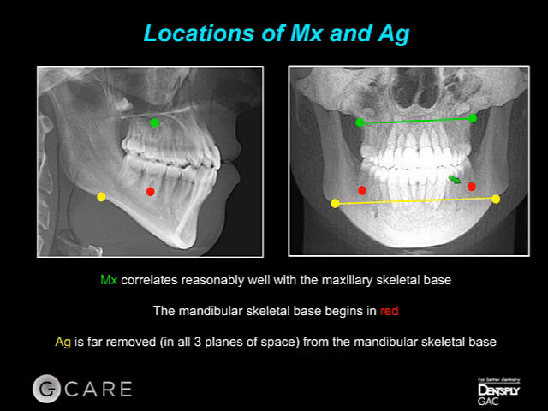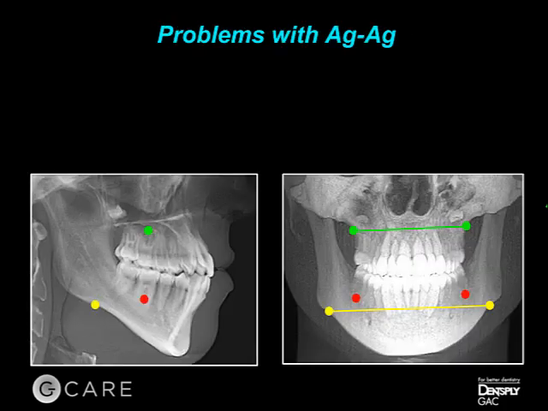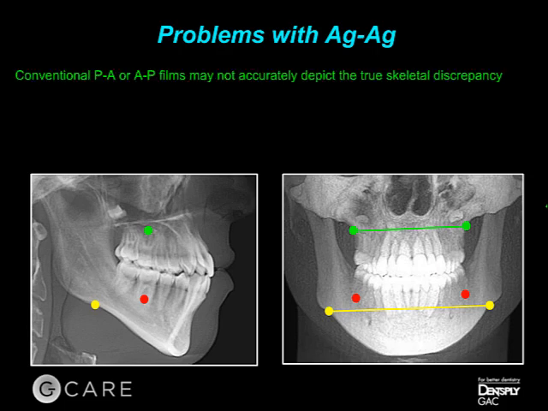In the frontal plane, this looks very reasonable, but if you look here in the sagittal, AG is really far removed from the mandibular skeletal base. While this was great for its time, the problem I see with AGAG is that we may not be able to tell the true skeletal discrepancy, because AG is actually a 2D projection of a 3D location.